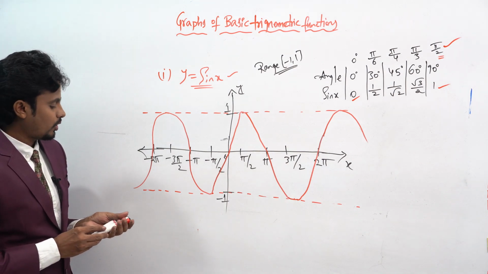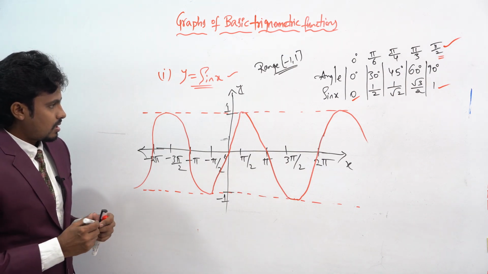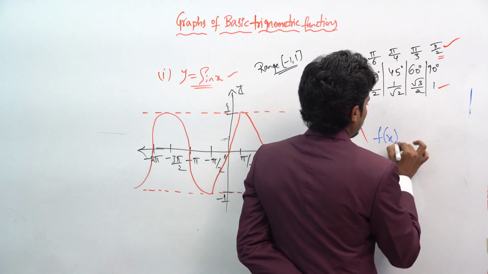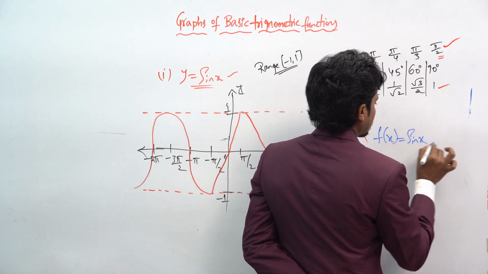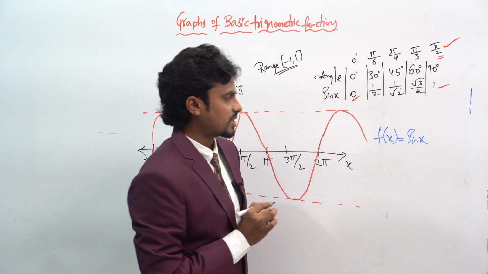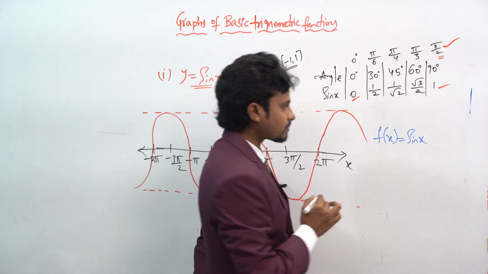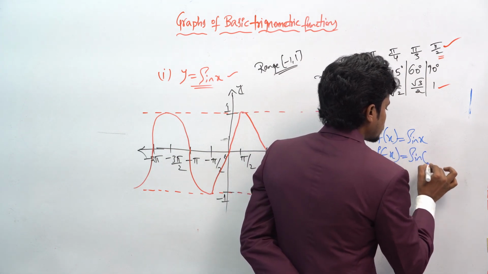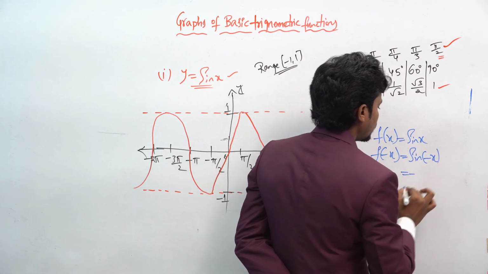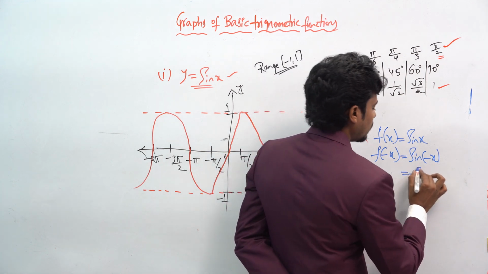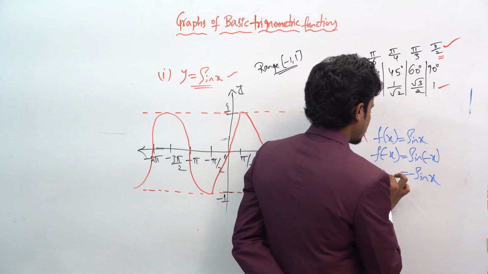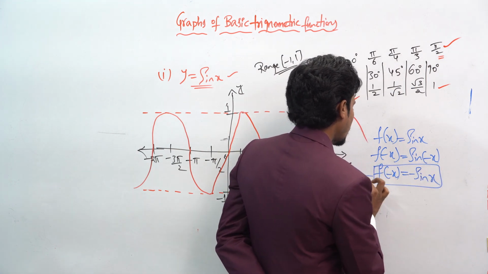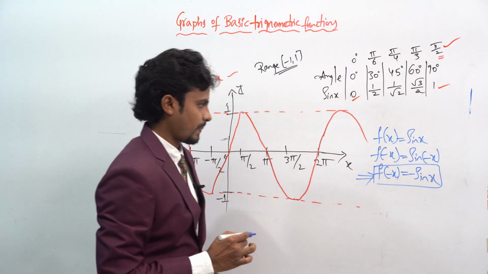So if you want to write f of x, f of x will be equal to sin x. In place of x, replace x with minus x. What will happen? F of minus x will be equal to sin of minus x, and sin of minus x means that will be minus sin x. So f of minus x will be equal to minus sin x.